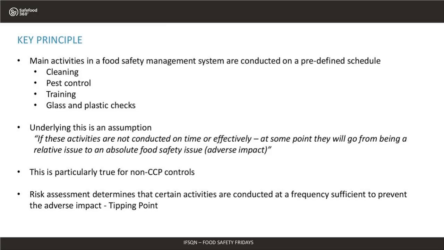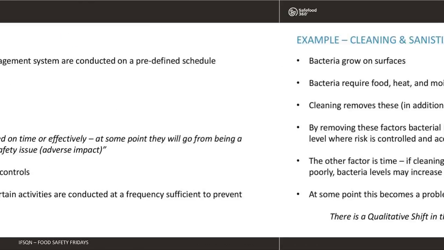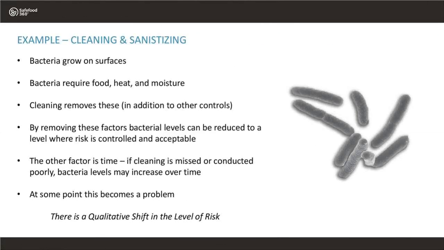And let me explain a little bit more about what I'm talking about here because it's helpful. Here's an example, okay? So in the food factory, we know that bacteria, if they're allowed, will grow on surfaces. They'll particularly grow if you give them enough food, enough heat, and enough water to do that. They're not obviously dissimilar to ourselves. We like all those things.